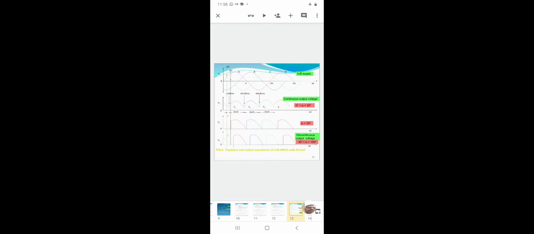For the continuous output voltage, alpha is less than 30 degrees. This is alpha equal to 30 degrees, and this is alpha equal to 60 degrees. This is the average output voltage.